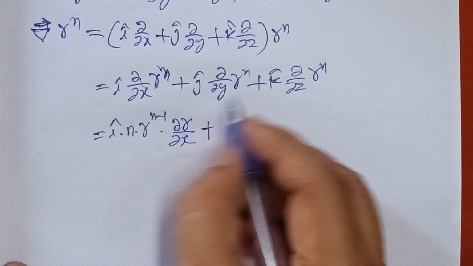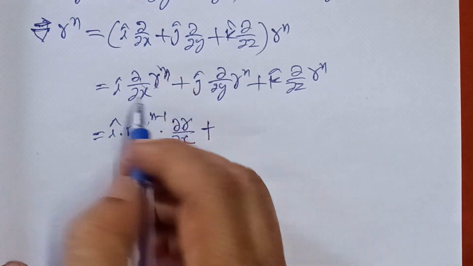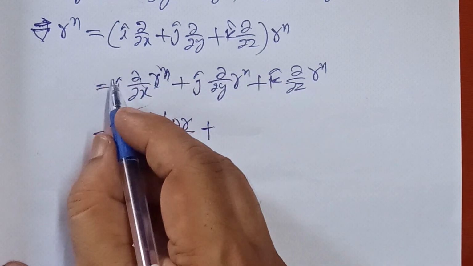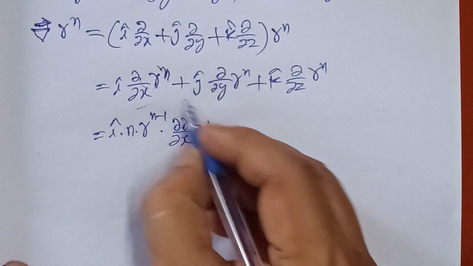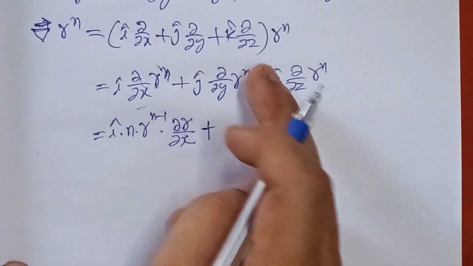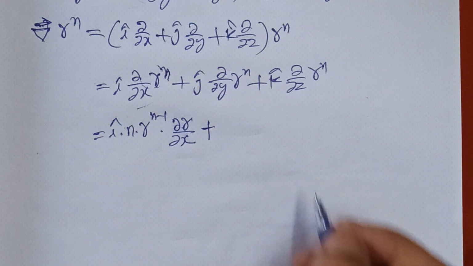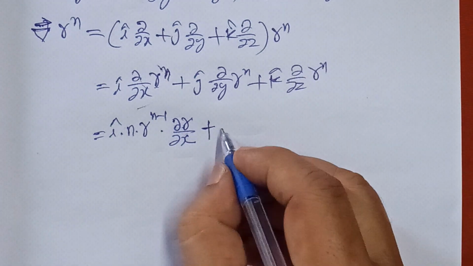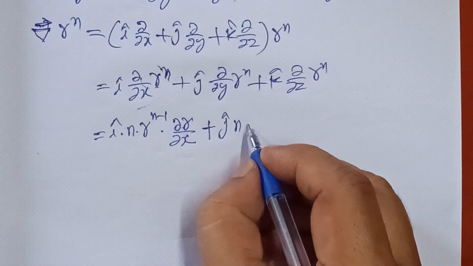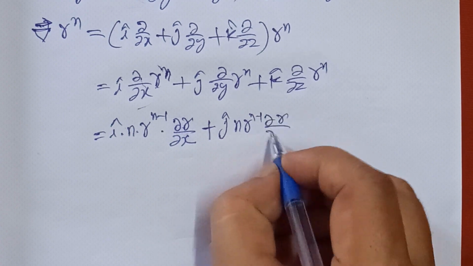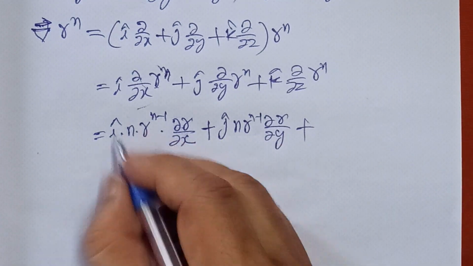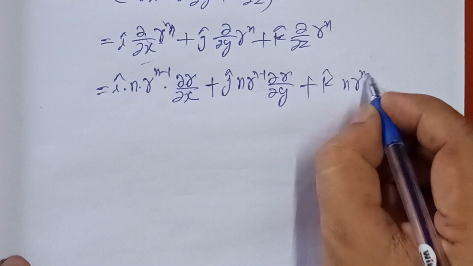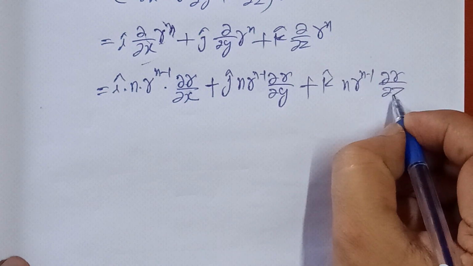You can also use sigma and only write this term, but I do not use sigma, so I repeat this calculation again and again. Then j cap n r to the power n minus 1 del r over del y, the same calculation as we did here, and k cap n r to the power n minus 1 del r over del z.